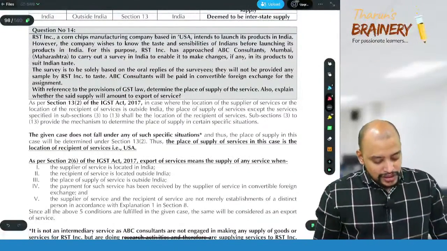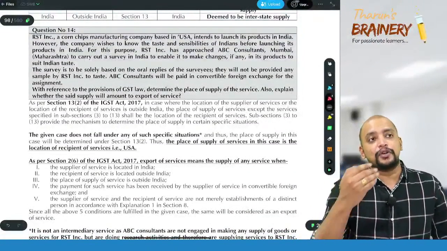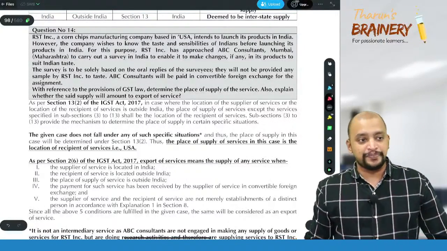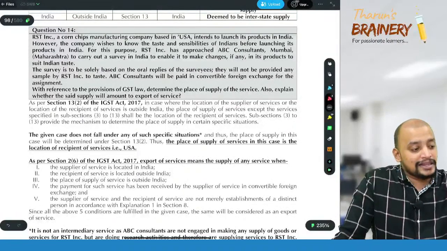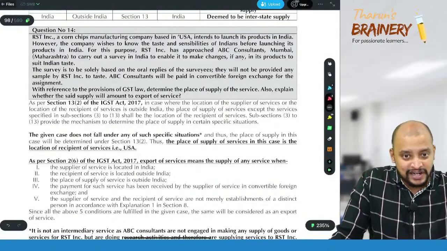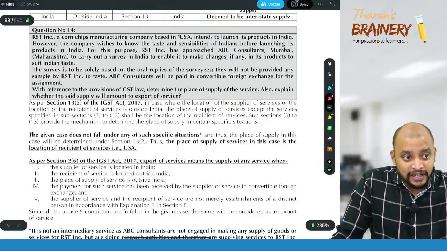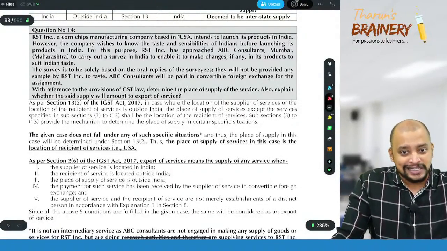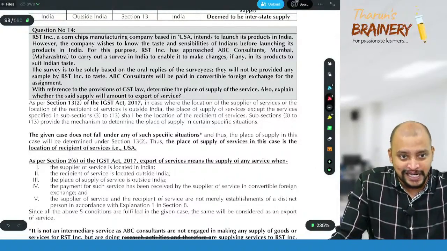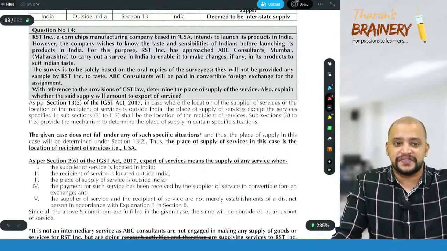Then there is no chart for that, because that is the flow in which we learn the subject also. First we started with supply, taxable event, and then we learned whether it is goods or services, and thereafter we learned who is liable to pay GST along with the exemptions. So whether it is taxable or exempted and who is liable to pay GST. Then we learned place of supply.